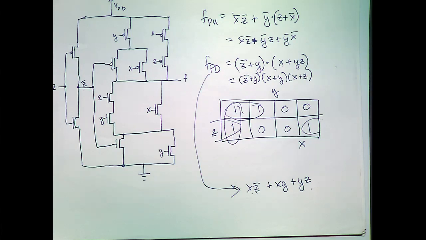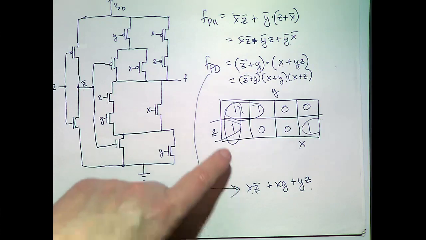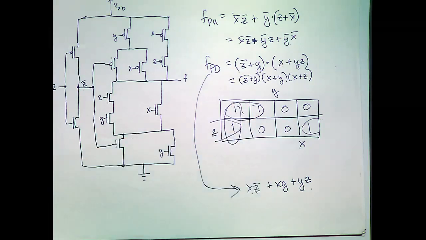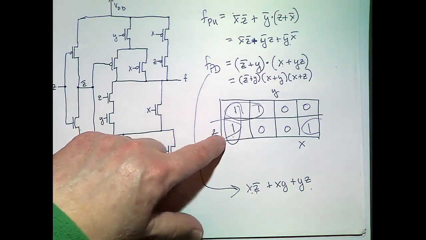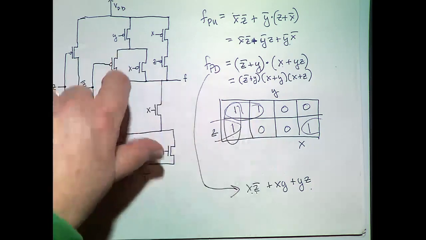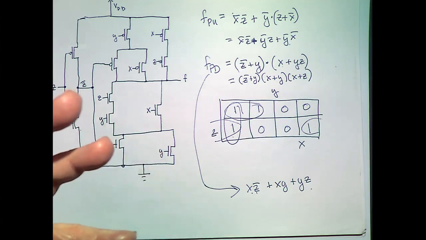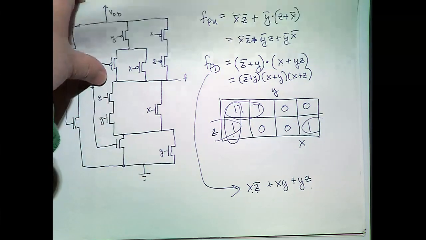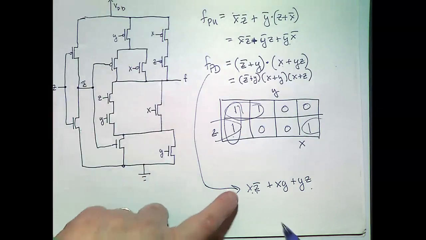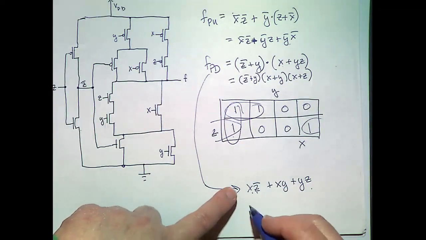Does this awaken memories? Okay, so you can use your K-maps to come up with your minimum sum of products expressions, which will get you the minimum number of transistors. Each literal is a transistor. If I minimize this, what expression do I get?